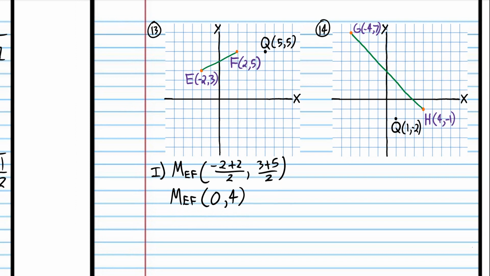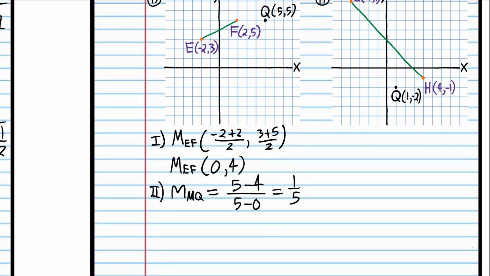And so the second step is to find the slope of the line containing that midpoint we just found, and Q. And using Q as the second point, we have 5 minus 4 over 5 minus 0, which equals 1 over 5.